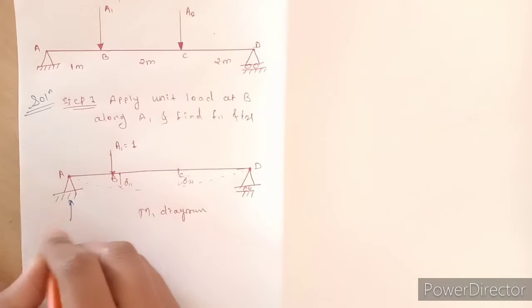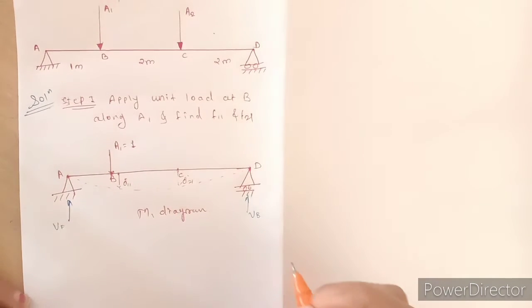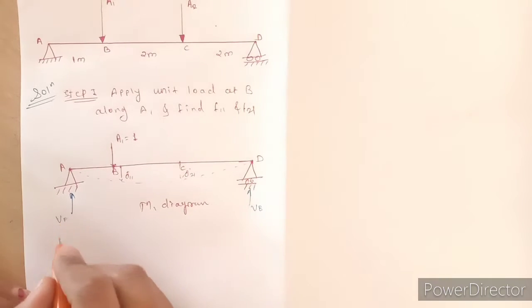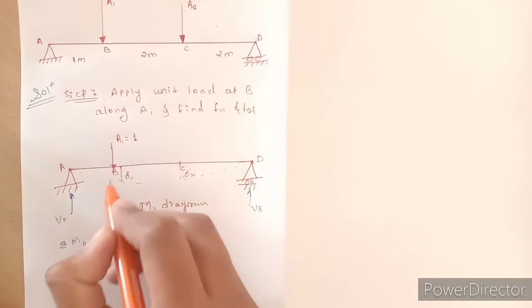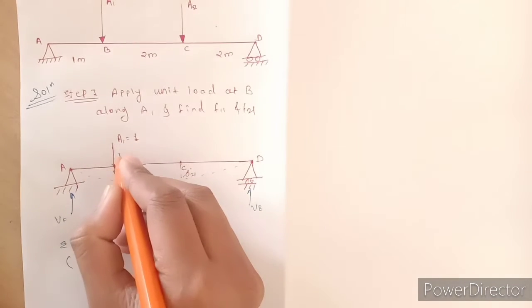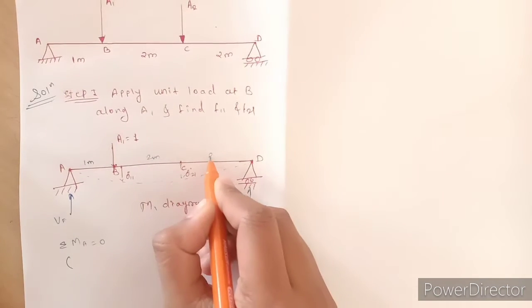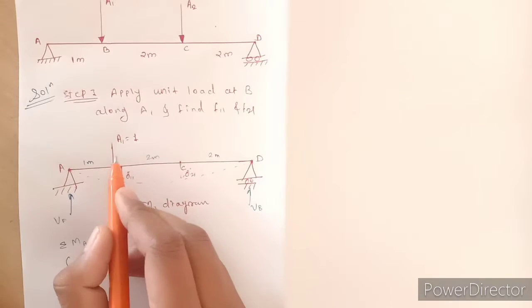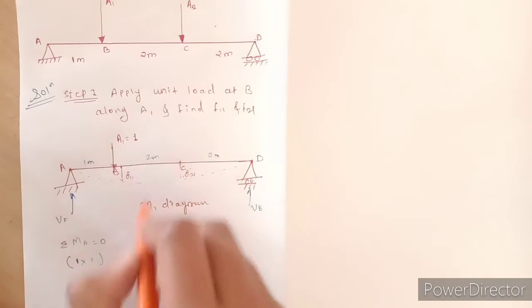Firstly find VA and VB, the vertical forces at points A and B. First we take moment at point A equal to 0. We take the 1 kilonewton point load multiplied by its distance, 1 meter, so 1 multiplied by 1, positive because we take clockwise direction.